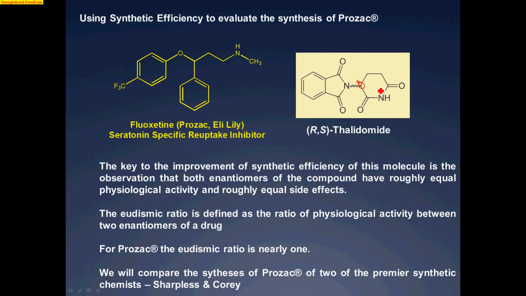And so because of thalidomide, every drug that has any chiral centers in it coming forward through the FDA must be enantiomerically pure, until the drug company can prove that both enantiomers are safe.